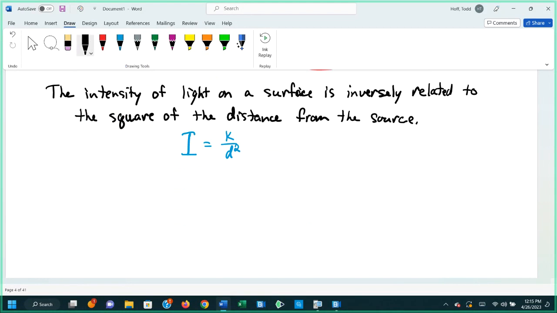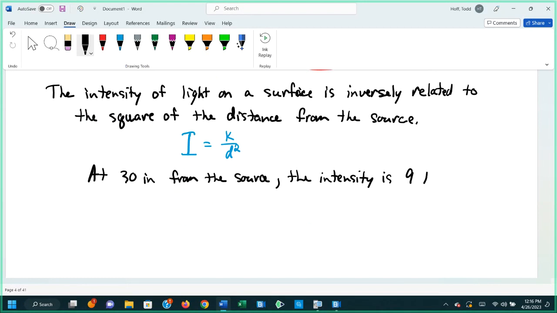If at 30 inches from the source, the intensity, the surface intensity, we're just going to say the intensity here to save time, is 9 lumens per square inch.